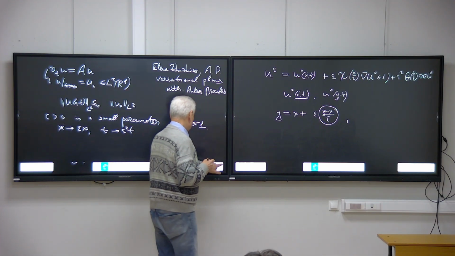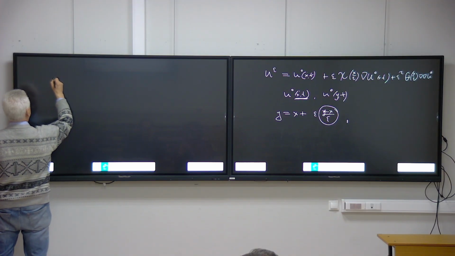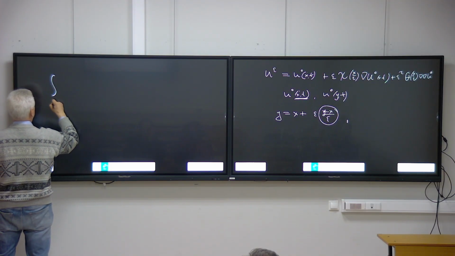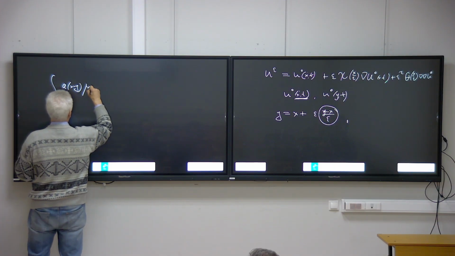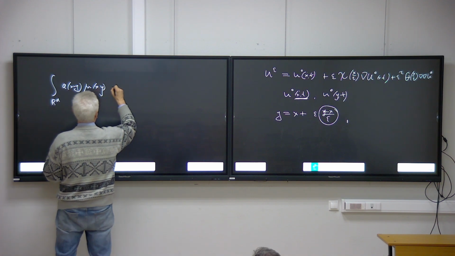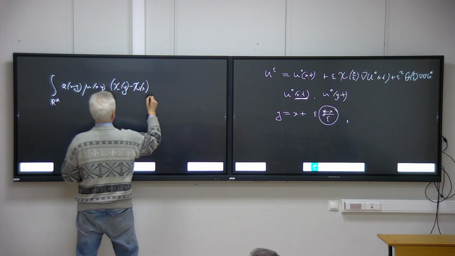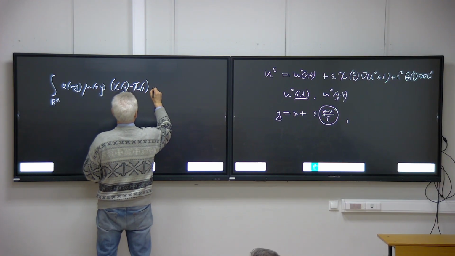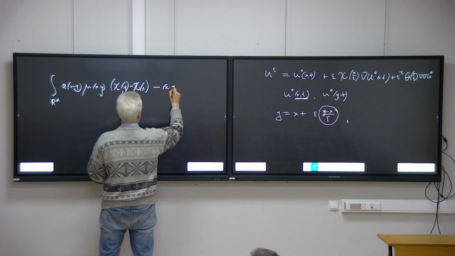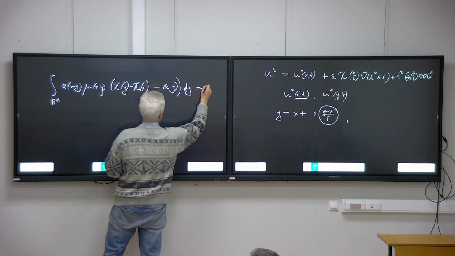This problem reads: integral over R^d of a of x minus y, mu of x, y, times chi of y minus chi of x, minus (x minus y), dy is equal to 0.